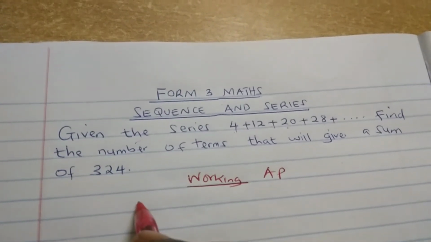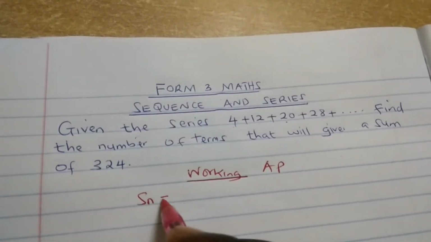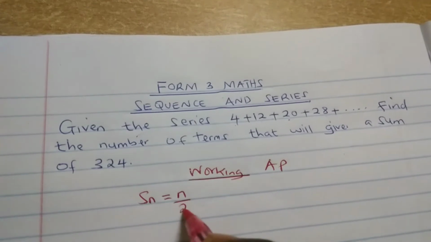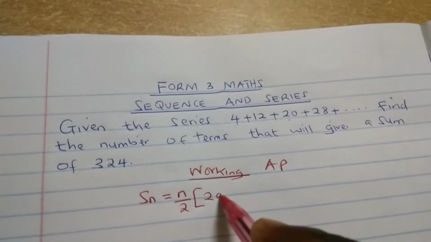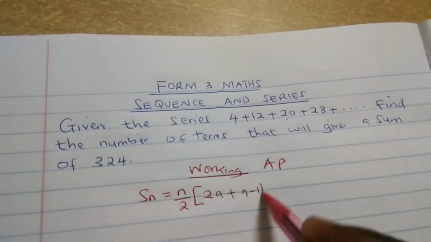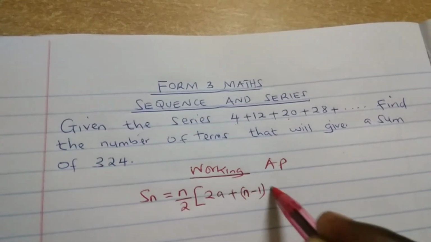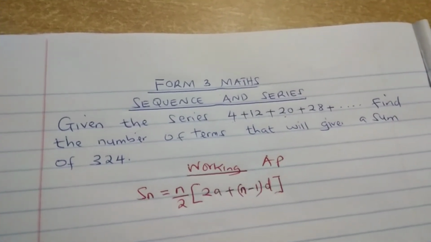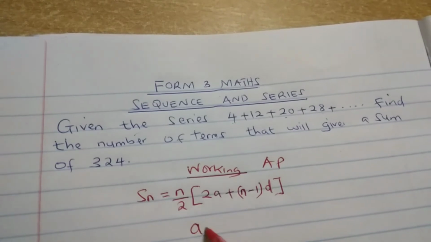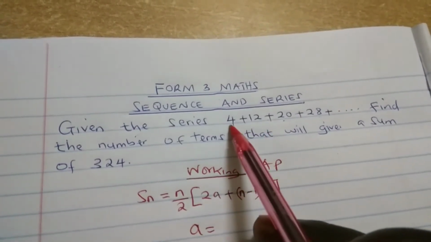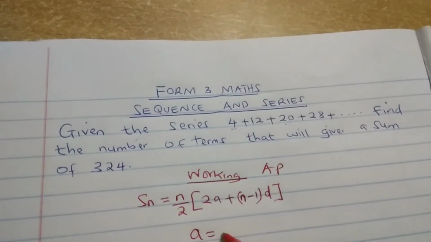And to get the sum of terms in an AP, we are going to take n divided by 2 into 2a plus n minus 1, multiplied by d. In this case, we need to identify our first term, and our first term from this given series is 4.